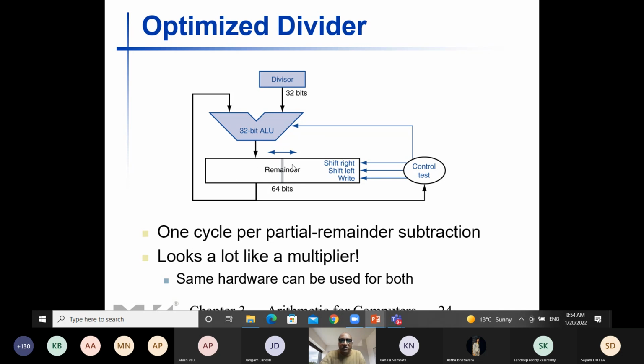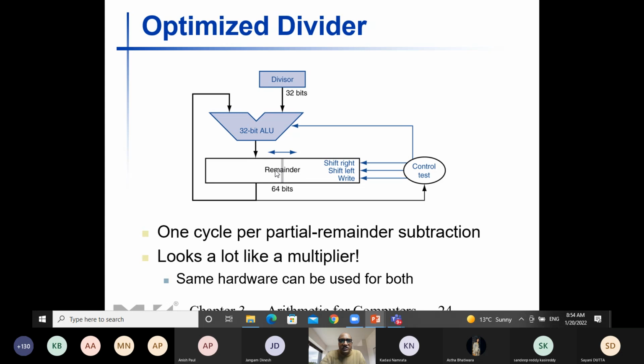And when you shift this remainder towards left, each time 1 bit will go off. Therefore, we need not have a separate coefficient register. You can use this remainder, the 64 bits itself, for maintaining the coefficient also, because for every shift, in whatever iteration, you need to place a 0 or 1 based on the sign of the subtraction, right?